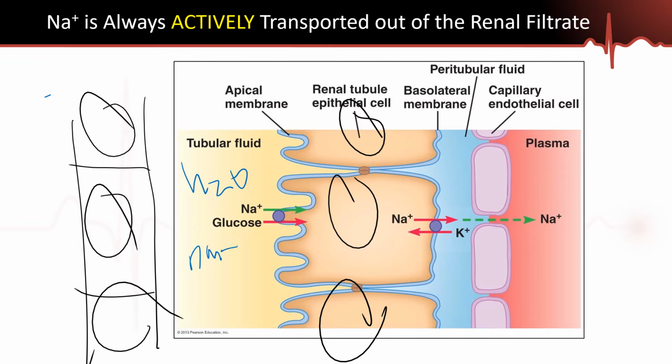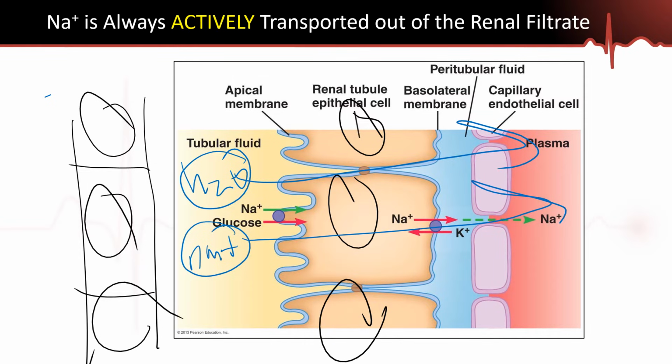There's many other things in there, as you know, but we're going to focus on water, H2O, and sodium. How can we get this water and this sodium to move from being inside of the lumen of the nephron back into our bloodstream, right, back into the peritubular capillary? That is the question here.